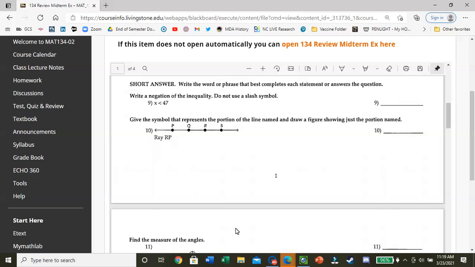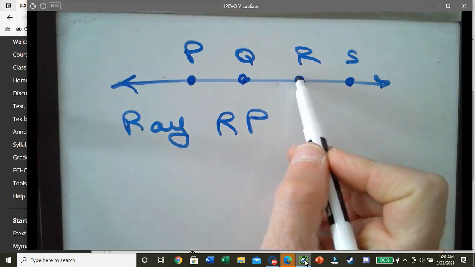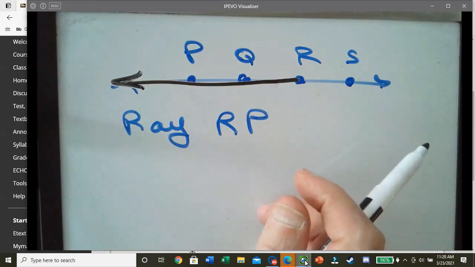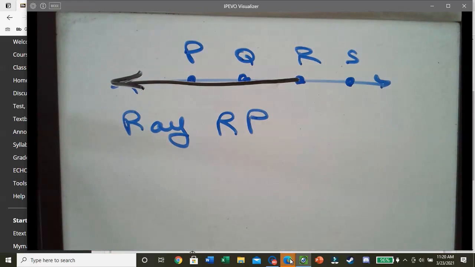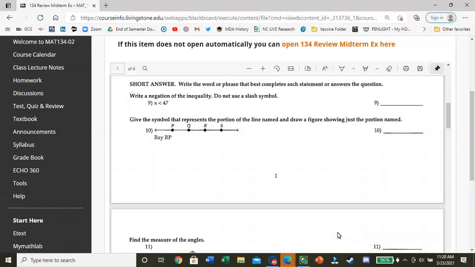Okay, so our ray, right, is going this way. And the question is asking, give the symbol that represents.